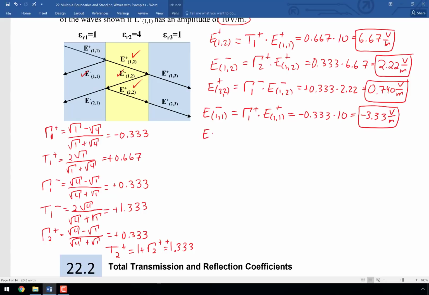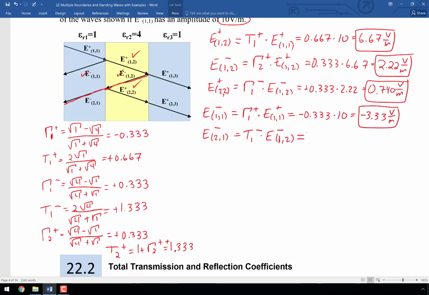And then E sub 2 comma 1 in the negative direction, that's going to be equal to T sub 1 negative times E sub 1 comma 2 in the negative direction. So that is to say, this wave that is coming in here, whatever portion of it gets transmitted, so that's why it's T1 minus, because it's the transmission at the first boundary moving in the negative direction, multiplied by E sub 1, 2 moving in the negative direction.